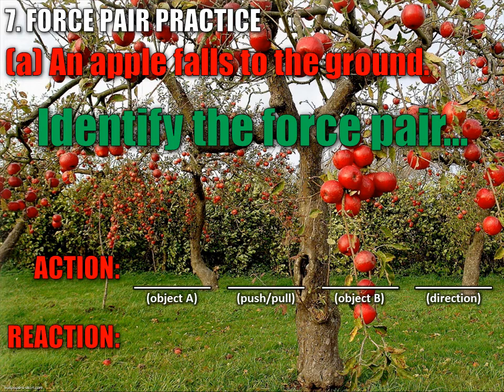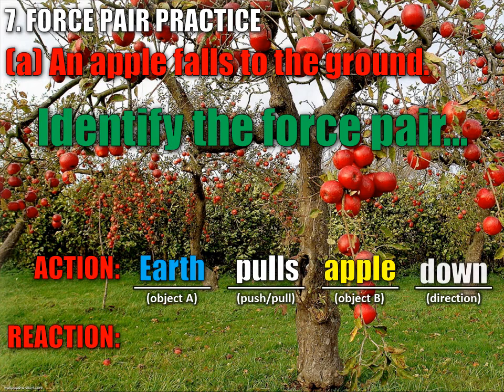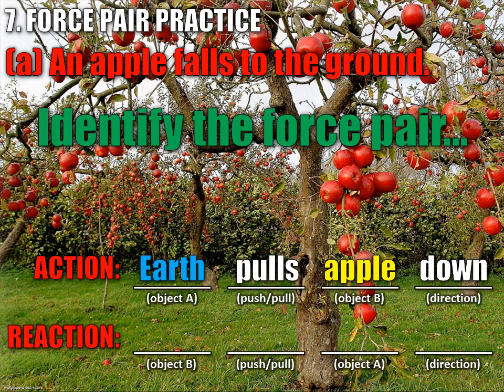When an apple falls to the ground, obviously something is pulling the apple. But what is pulling the apple? It turns out it's the earth. The gravitational pull of the earth pulls the apple down. So what's the reaction to this? I'll let you think about it.